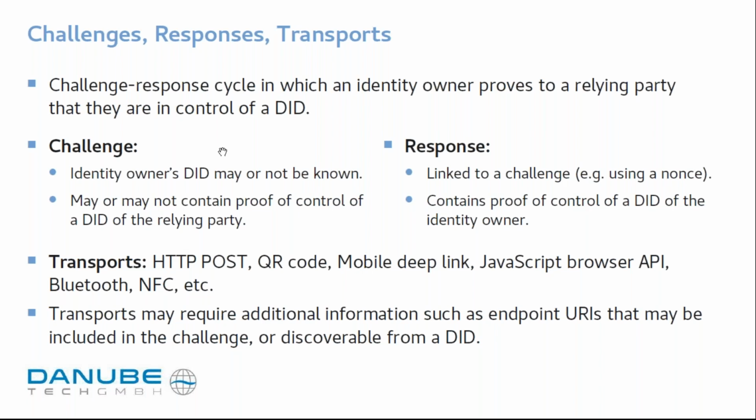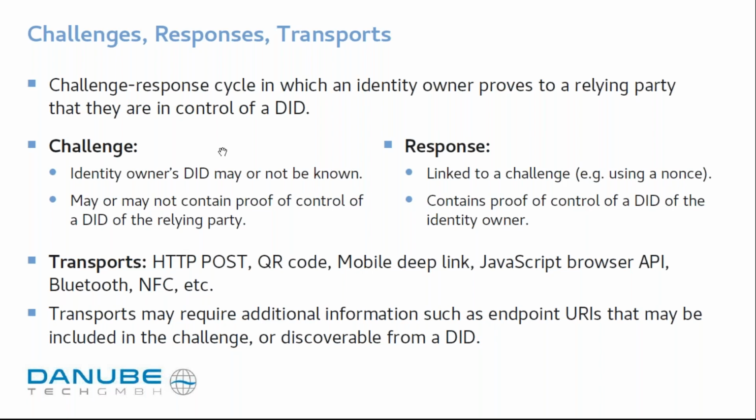In a similar way, in that cycle, in this kind of interaction, the relying party may also prove who they are. So there are some scenarios where this is sort of a one-way flow, a one-way interaction, where the identity owner just proves who they are.